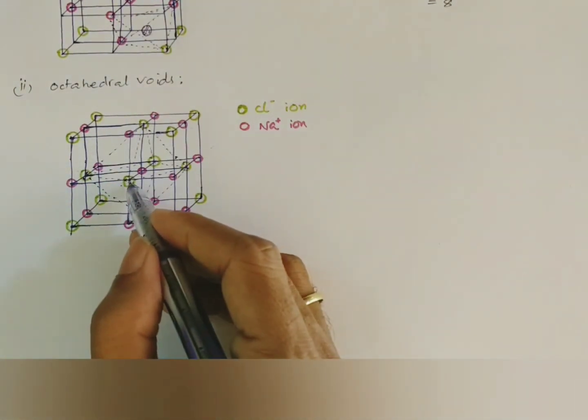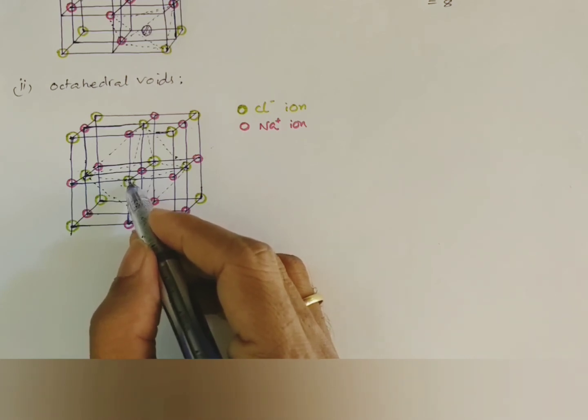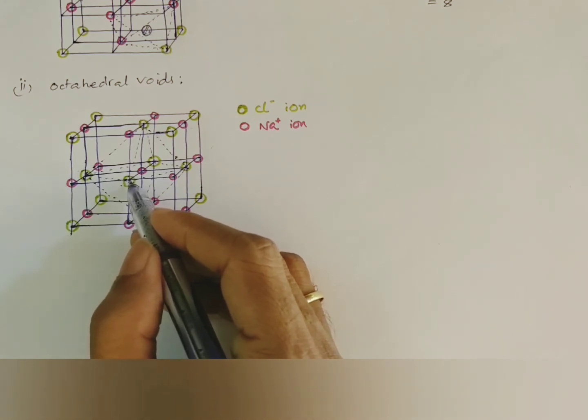So in total 6 Na+ ions are present around this chloride ion. So even this is present in an octahedral void. Now we'll calculate the number of octahedral voids for this unit cell.